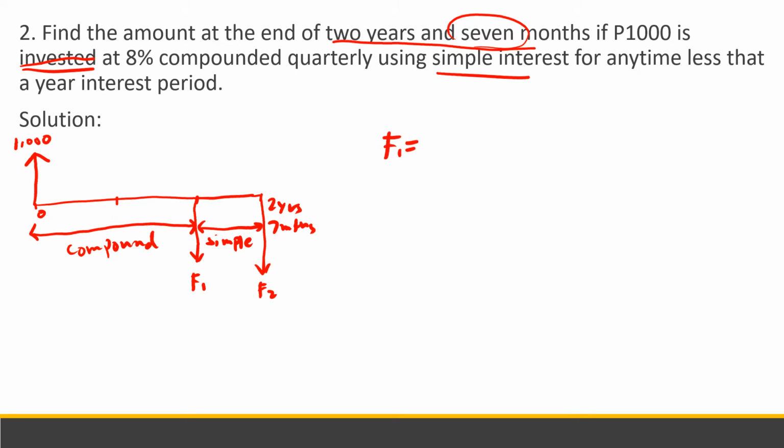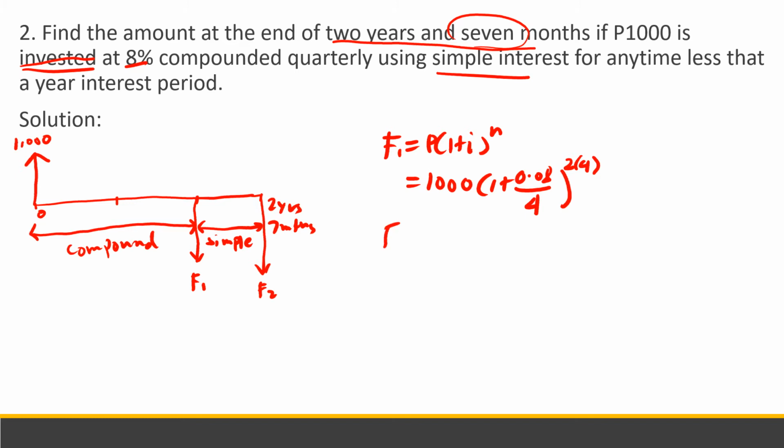gagamit tayo ng compound interest. So F1 is P times 1 plus I to the power of N. So this is equals to the 1,000 multiplied by 1 plus, this is 8%, so 0.08 compounded quarterly to the power of, so this is 2 years multiplied by 4.